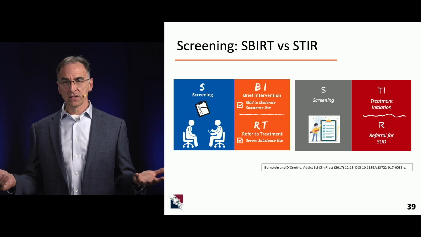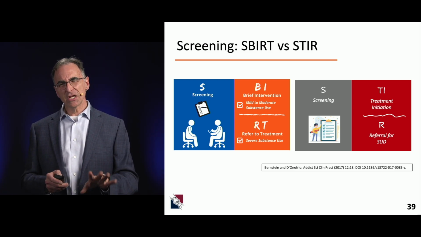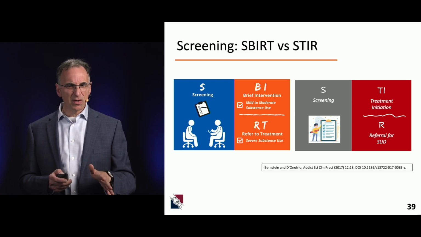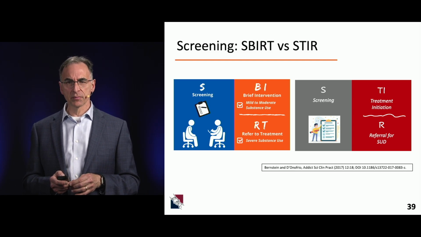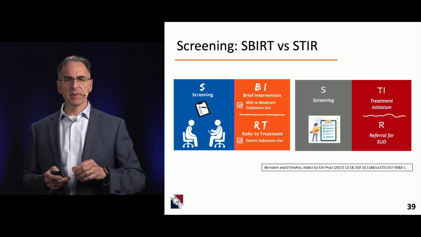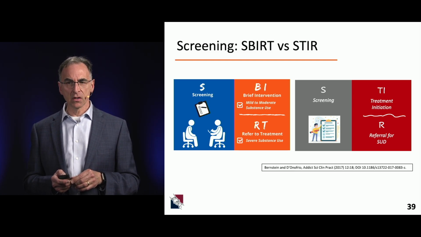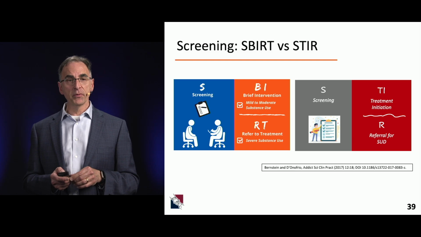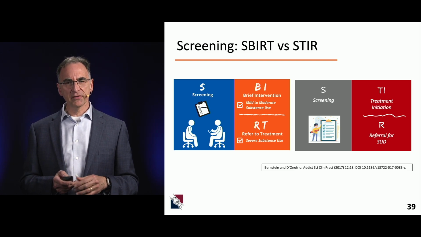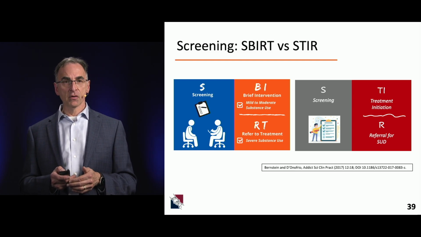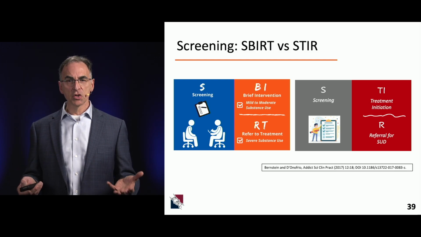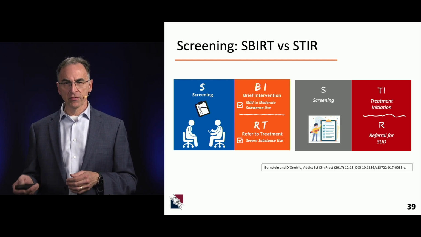Although this is widely endorsed, its implementation requires training, and the brief intervention step is usually restricted primarily to behavioral health treatment programs. SBIRT actually omits many FDA-approved medication therapies for the treatment of alcohol, tobacco, and opioid use disorder. The STIR strategy was introduced by Stephen Bernstein and Gail D'Onofrio in 2017 to add the initiation of pharmacotherapy during the index visit and then refer them on to treatment.